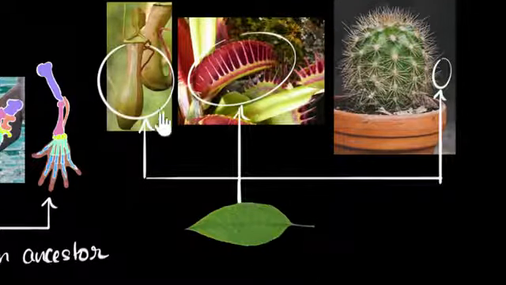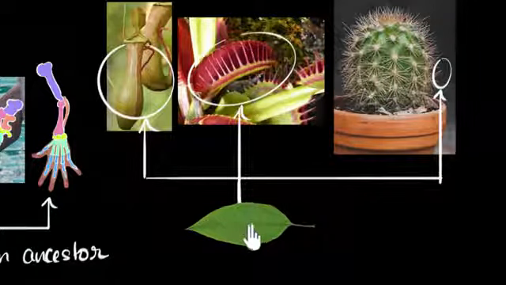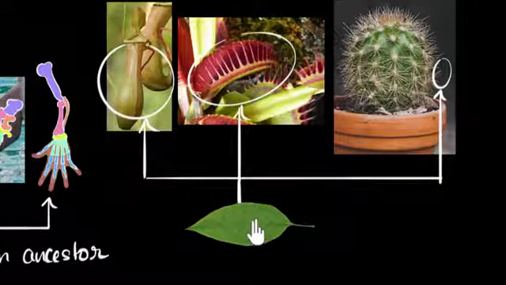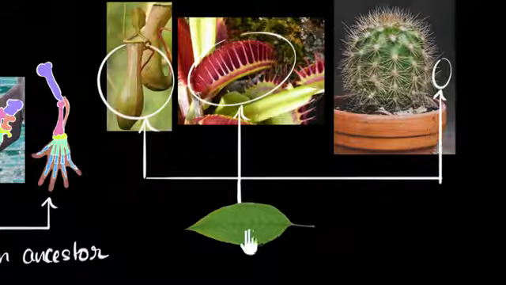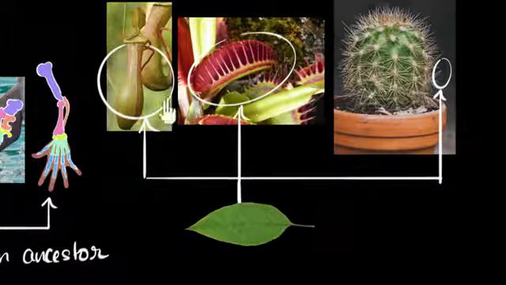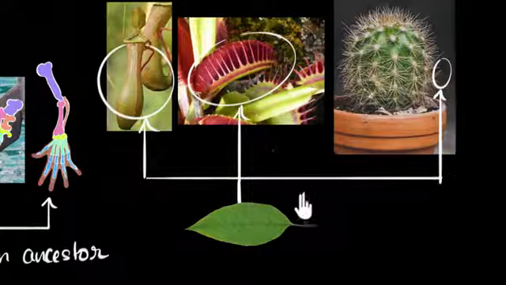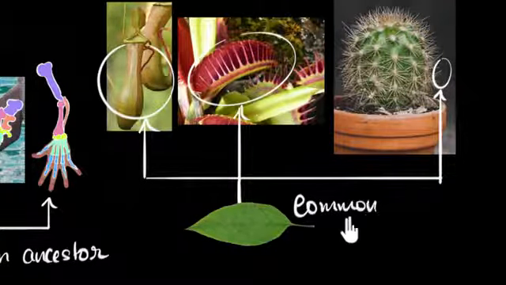Now I know it's hard to believe how a leaf can modify into these different things, but it turns out to be true. We'll trust our biologists on this. So again, what does this mean? Since they are all modified from the same leaf itself, we can again say, hey, that means these structures also must have come from a common ancestor.